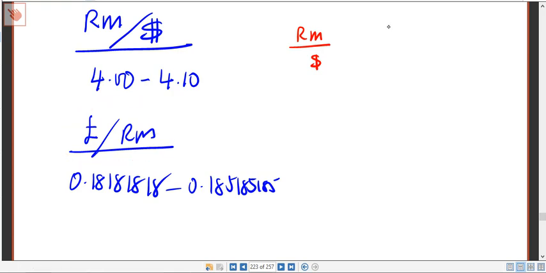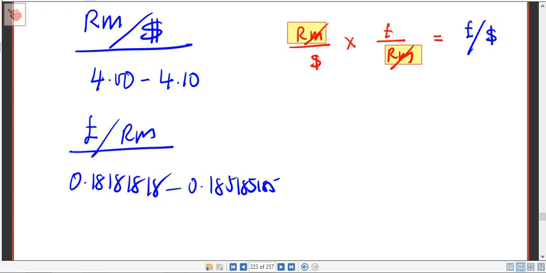I'm going to put here pound per RM. What do I have to do here to cross it? Times. Simply times, because ringgit and ringgit will go off. The resultant answer you will get is pound per dollar. Is that okay? You will get pound per dollar.